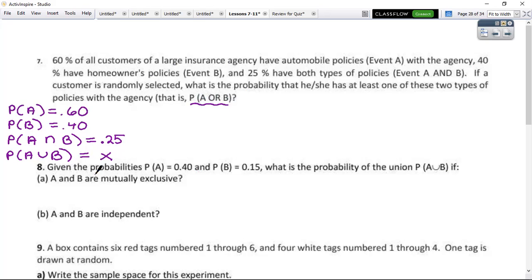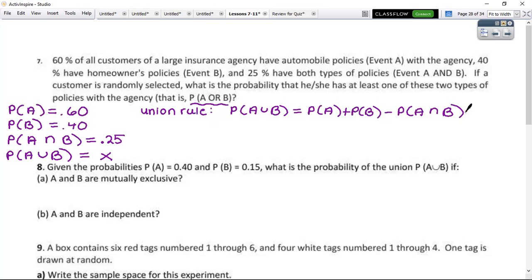The rule goes, you want to make sure you know this: the probability of A or B is equal to the probability of event A plus the probability of event B minus the overlap, which is the probability of A and B occurring together. And again, if you are a visual person, just think overlap from that Venn diagram, because you don't want to double count.